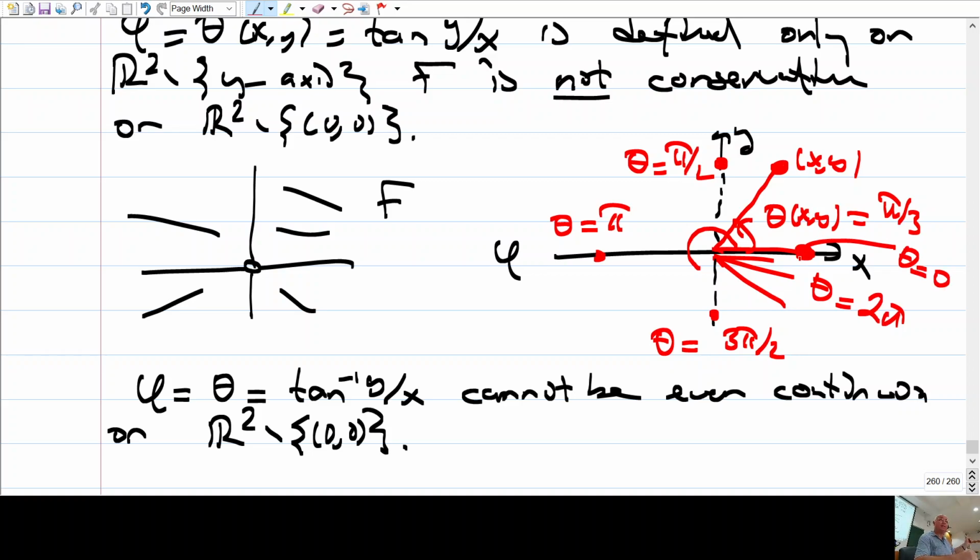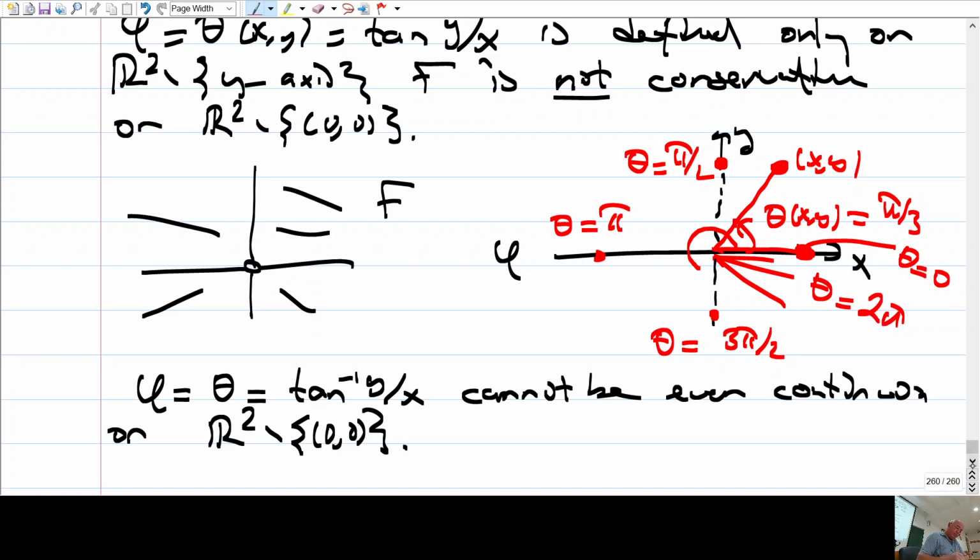So you start with theta equal to 0, and if this function were continuous, it would increase: pi over 3, pi over 2, pi, 3 pi over 2, and then go to 2 pi. So at this point, it takes two values, 0 and 2 pi. Therefore, this cannot be a function.